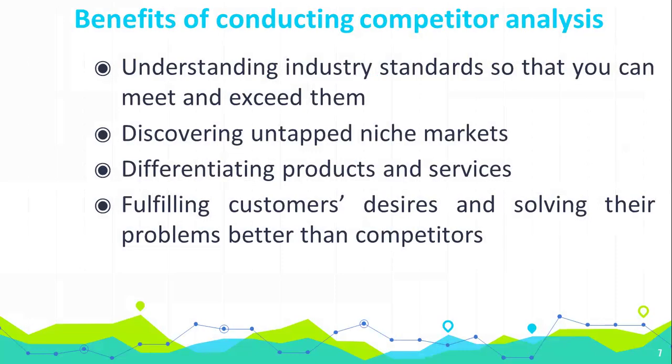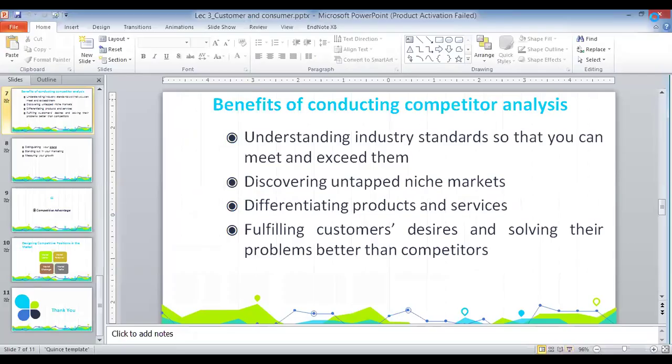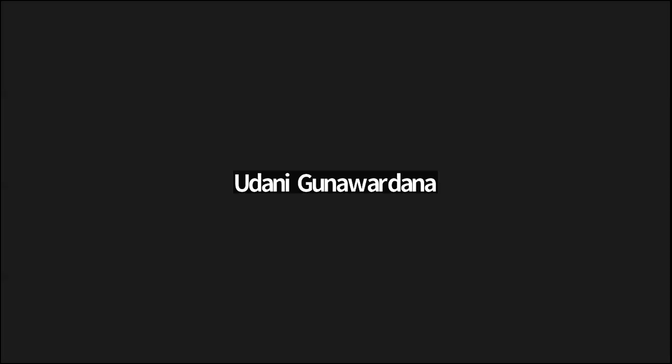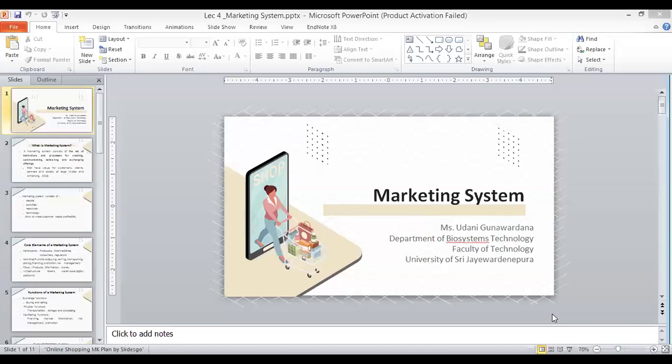Right? So these are the importance of competitor analysis. These are the things we have discussed so far. So today we are going to discuss the marketing systems, and then we move to the marketing mix.